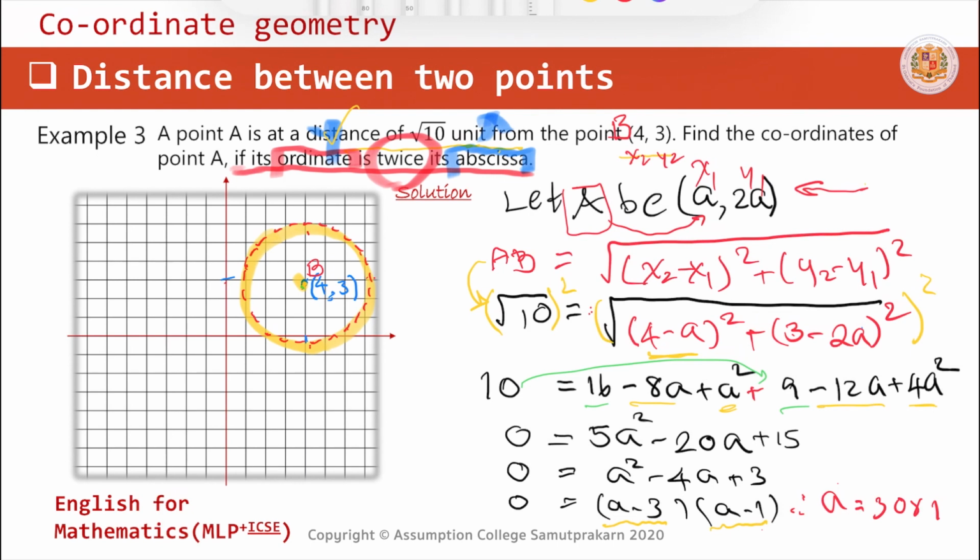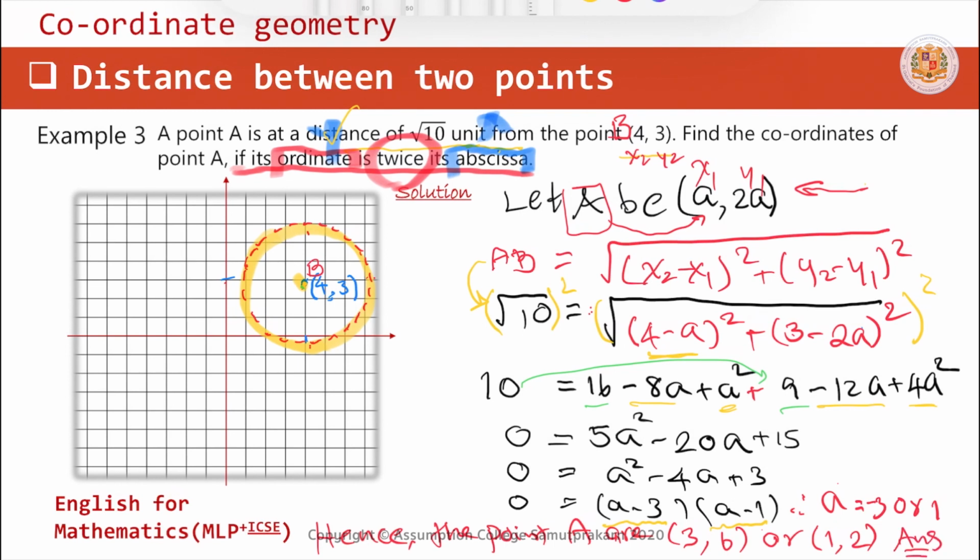So the answer will be the point A could be, if you use the x coordinate as 3, you're going to get y as 6 because it's 2 times. Remember, the ordinate is equal to 2 times the abscissa. Otherwise, you get another point where a is 1 and then the other is 2. So that's the answer.